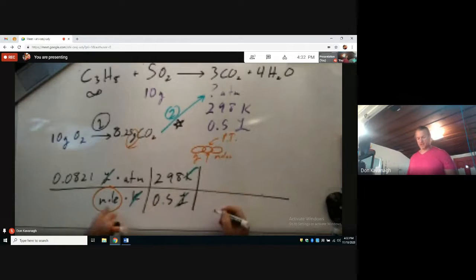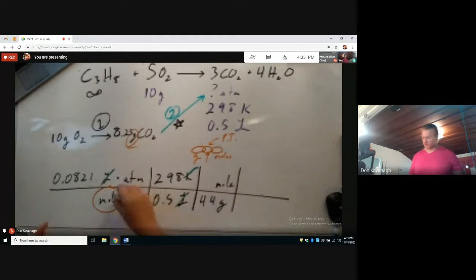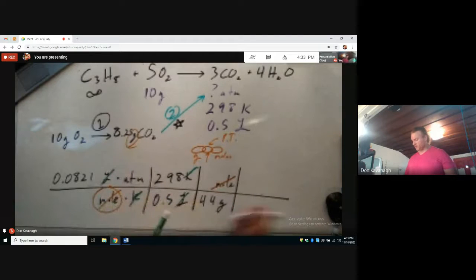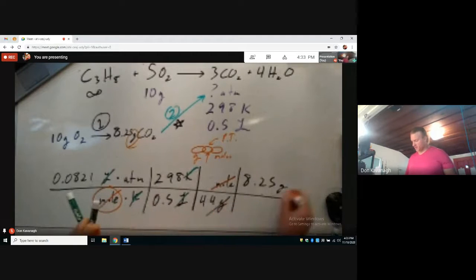The molecular weight of CO2 is 44 grams per mole off the periodic table. That gets my moles out of the way. And I have 8.25 grams. That gets my grams out of the way.